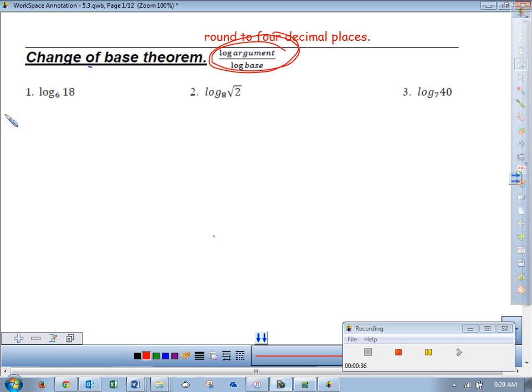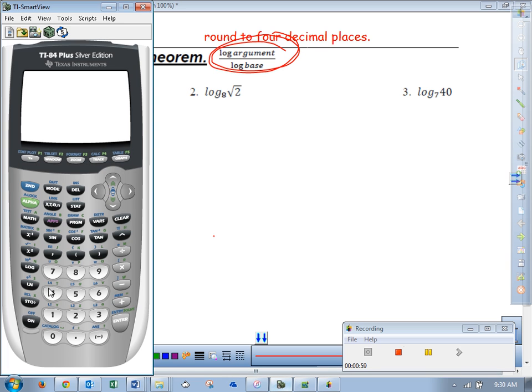So who's the argument? Is it 6 or is it 18? So this is really log of 18 divided by log of 6. And then they want us to round it to 4 decimal places. And the hardest part about it is typing it in your calculator. You type in the log of 18, and what makes it hard is that your calculator automatically puts that parenthesis there for you.